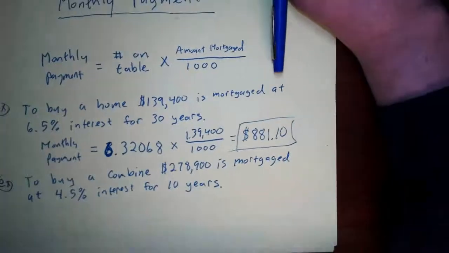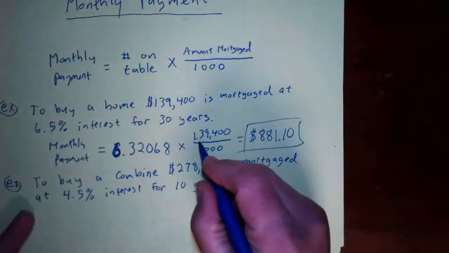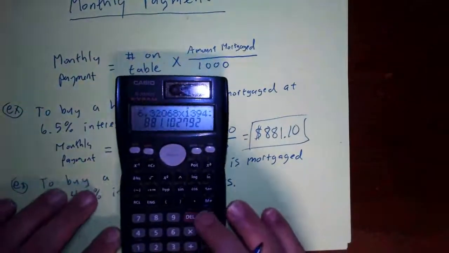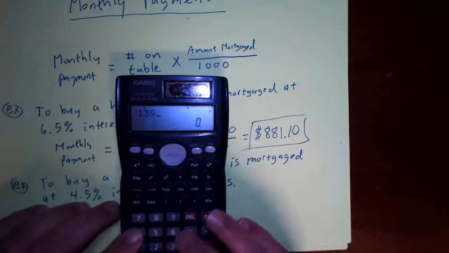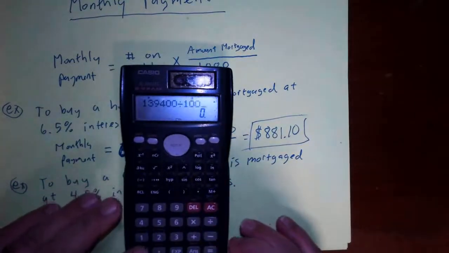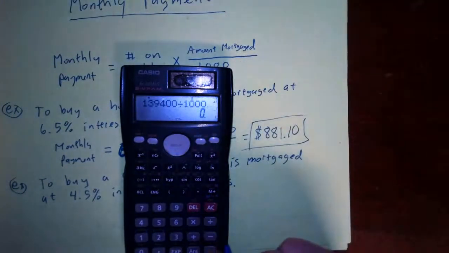So one thing that I want you to notice is if you take a number like 139,400 and you divide it by 1,000, let's do that. Anytime you divide by 1,000, you just move the decimal point over 3 places.